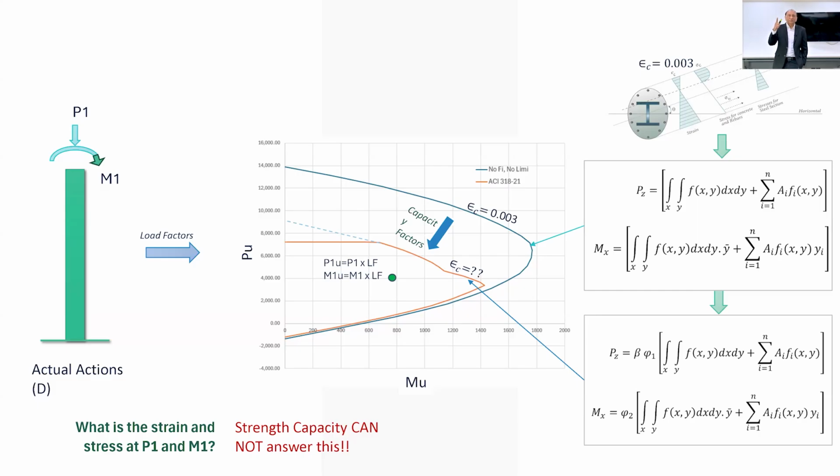Then the capacity that we generated for that strain of 0.003, which is an arbitrary strain, we have reduced by capacity factors to an orange value.